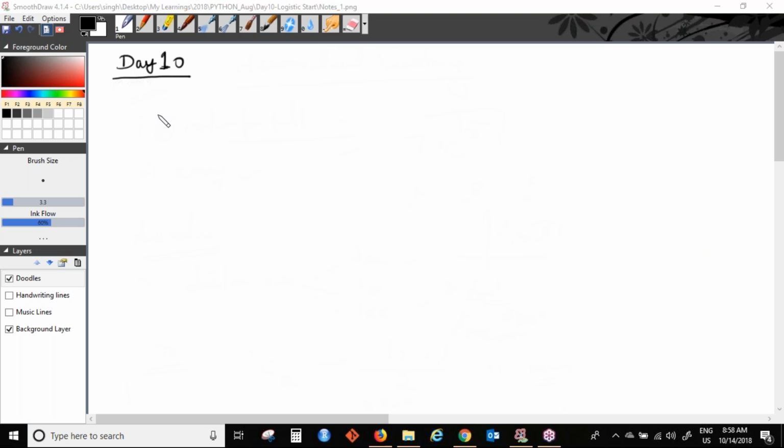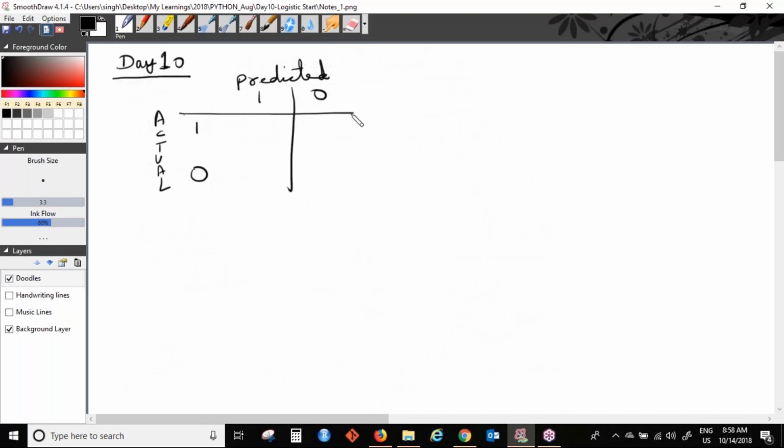So we used to keep the actual values on the left hand side and the predicted values on the right hand side. So let's say it is actual 1 and 0, and this is predicted 1 and 0. So we draw a table like this, and each of these boxes we give them some name. So what's the name of this?